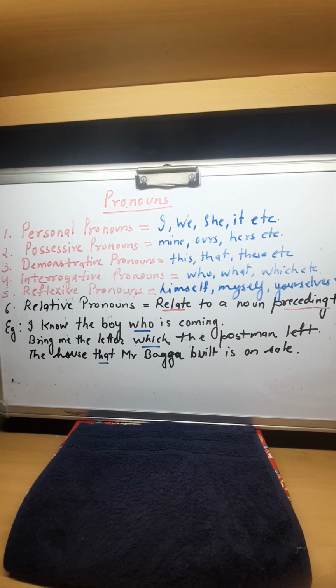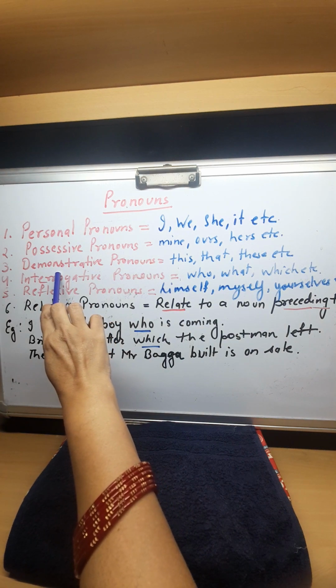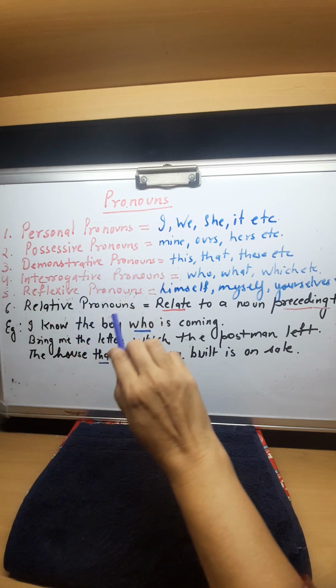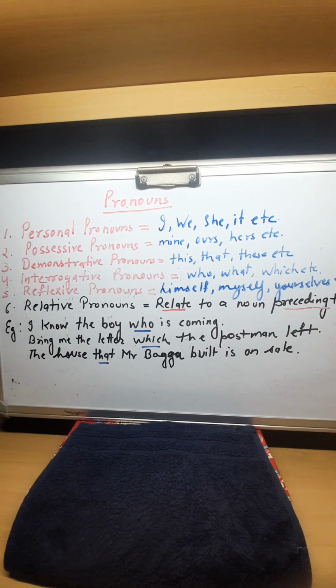The third type of pronouns are those that demonstrate something. We call them demonstrative pronouns. This, that, these, those. These are the pronouns that demonstrate something. So personal pronouns relate to the person.